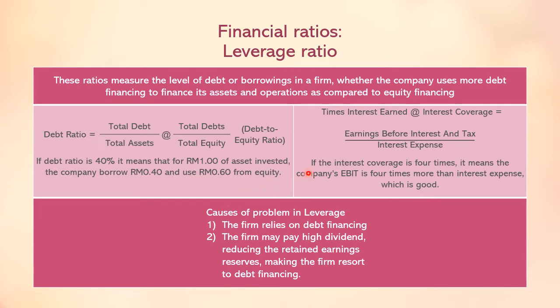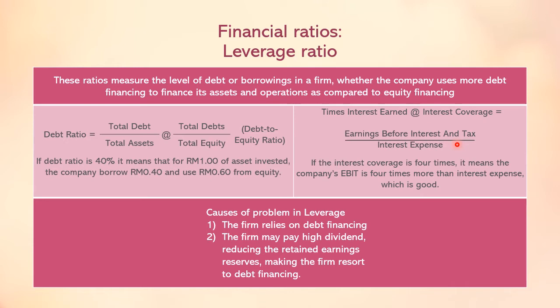Okay, for the time interest earned or interest coverage, we use the EBIT, or earnings before interest and tax, divided by interest expense. The EBIT is also known as operating profit. So please look at whether the question uses the term EBIT or the term operating profit.